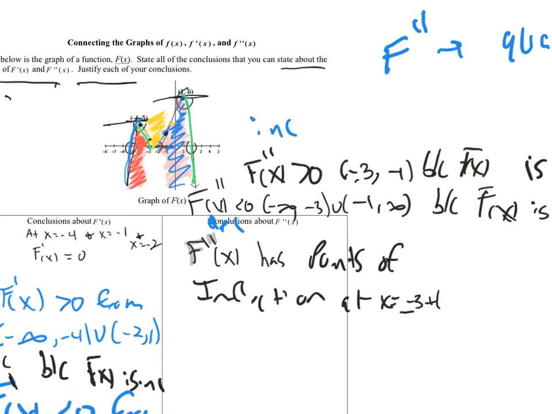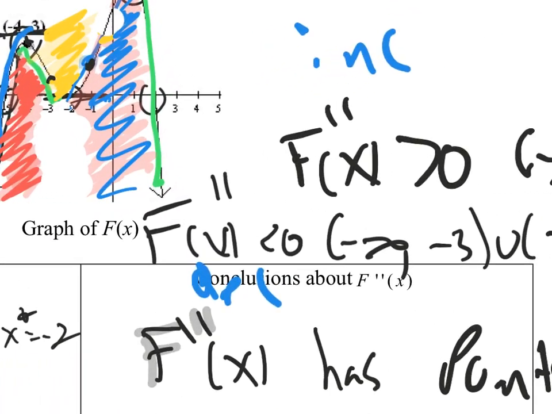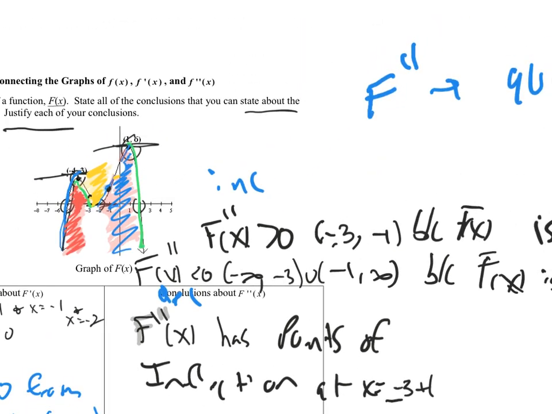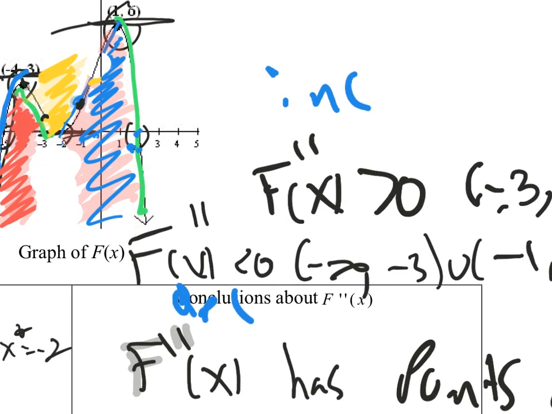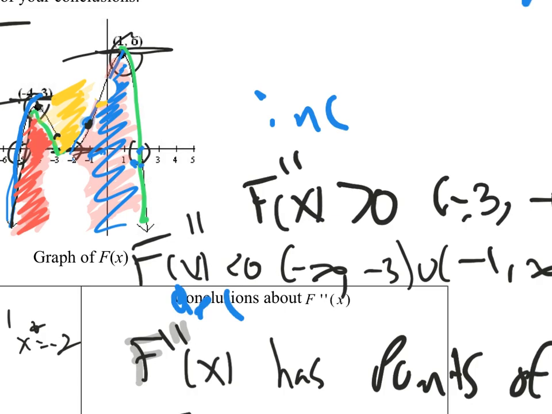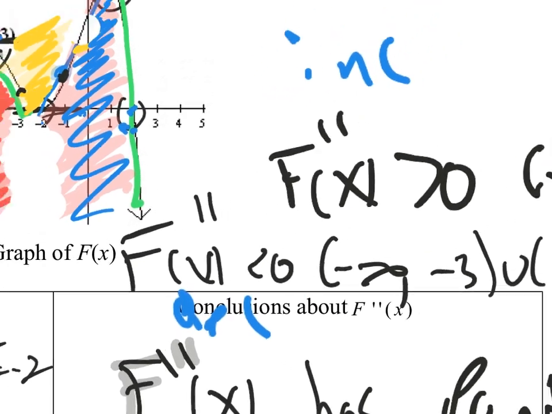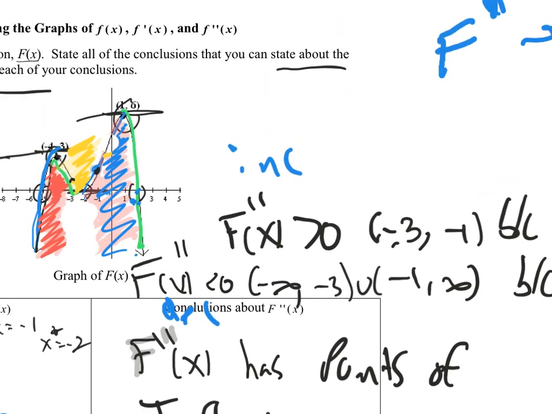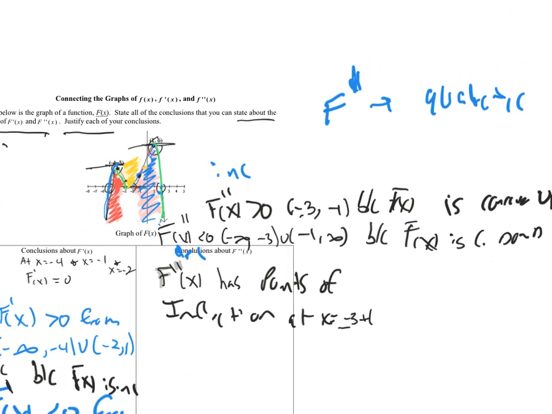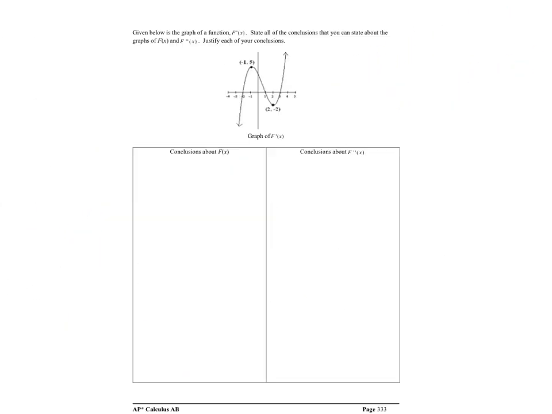If this was F, well, this was F, I'm sorry, F double prime is a quadratic. This is a quartic, 4th degree. So going backwards, if your function was, your first derivative would take 1 away, it'd be a cubic, then it becomes a quadratic. So those are possible. Next page.